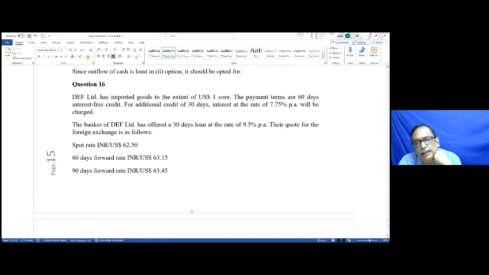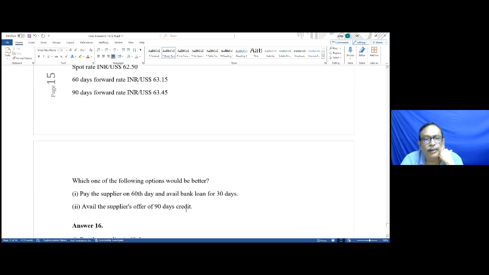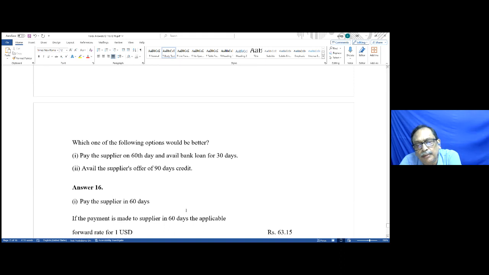The banker of DEF Limited has offered a 30 days loan at the rate of 9.5% per annum. Their quote for foreign exchange is as follows: spot INR per US dollar 62.50, 60 days forward rate INR per US dollar 63.15, 90 days forward rate INR per US dollar 63.45. Which one of the following options would be better?